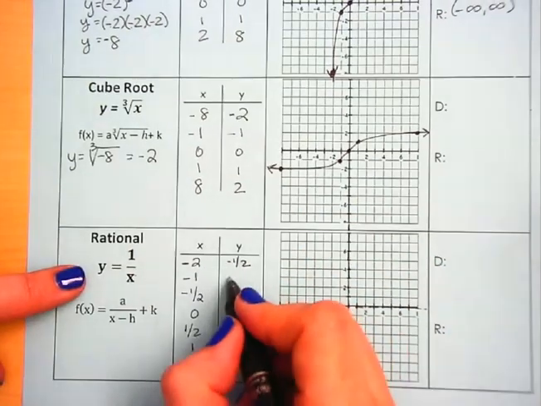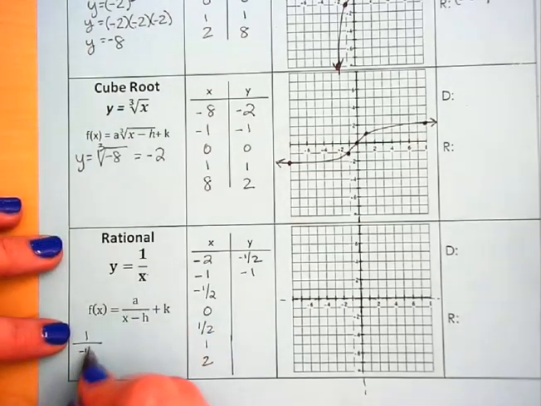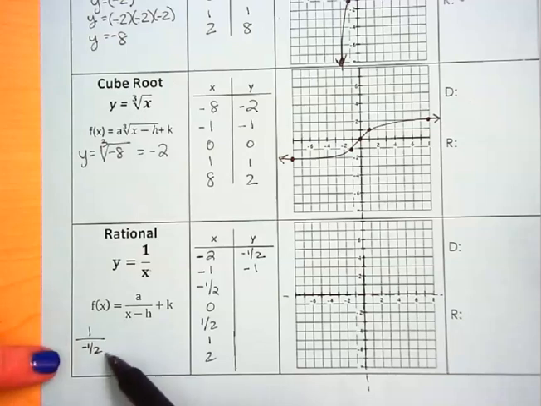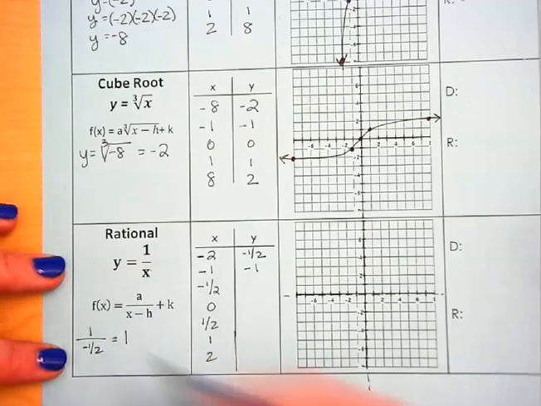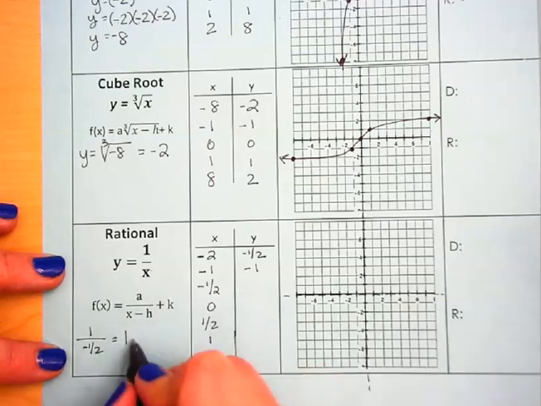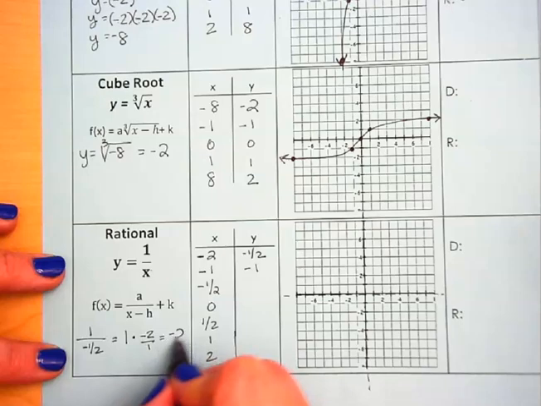When I put in -1, I get -1. When I put in -1/2, I have a complex fraction. So when you divide by a fraction, you are really going to multiply by the reciprocal. So you change the division to multiplication and flip that denominator. It becomes -2 over 1. And then when you multiply, you get -2.